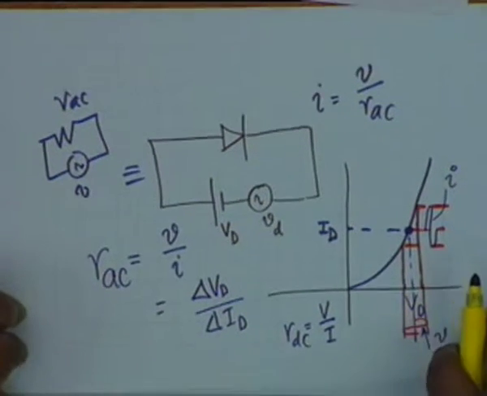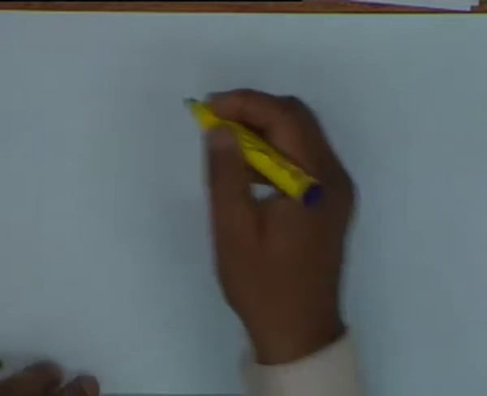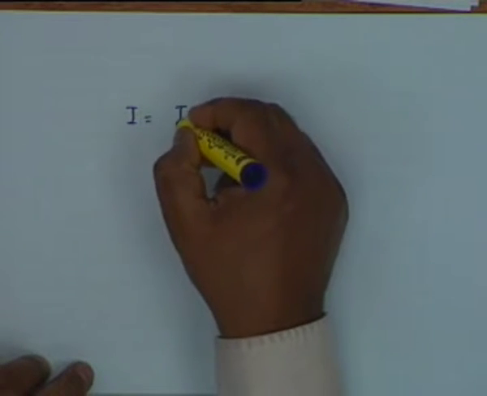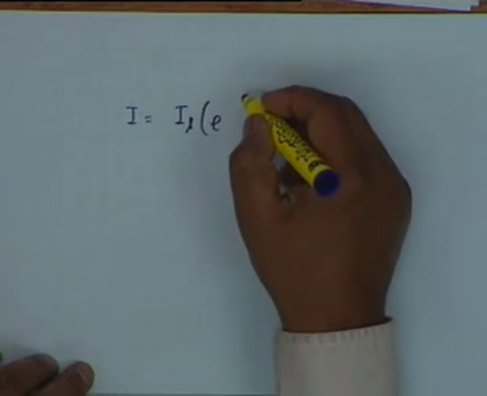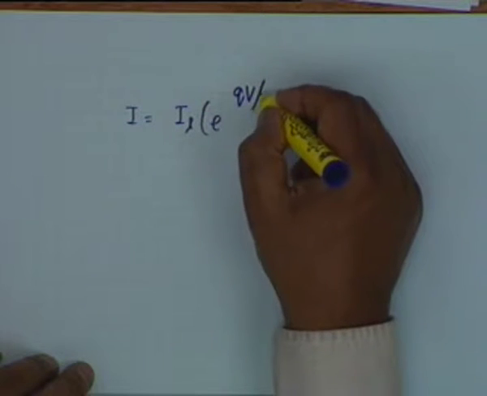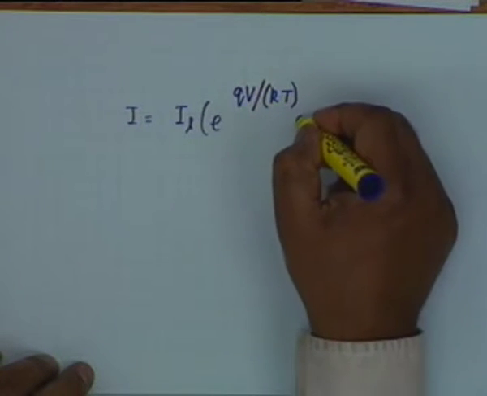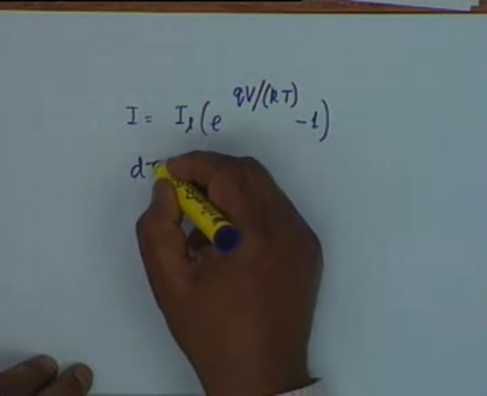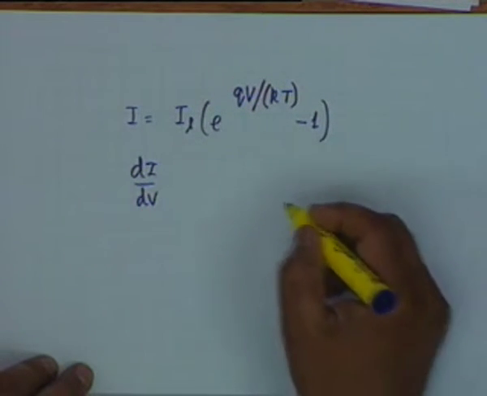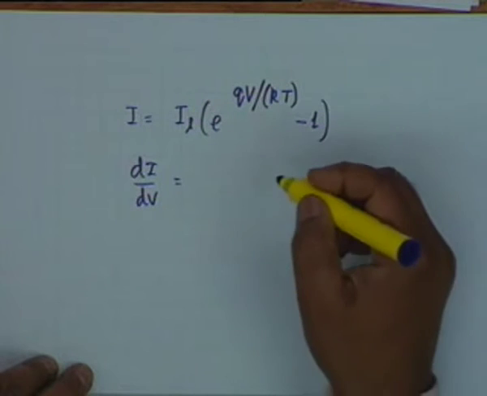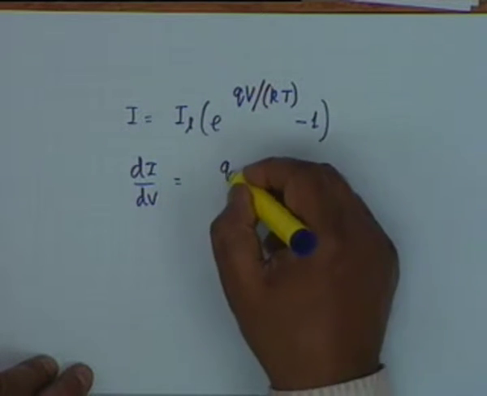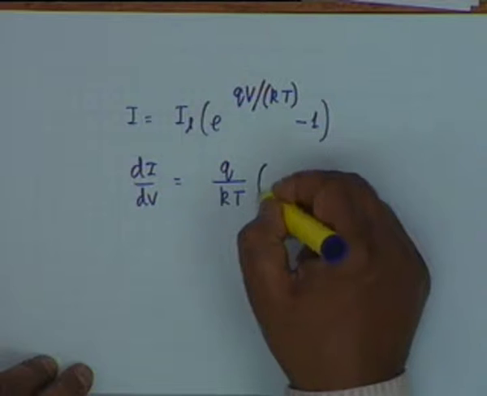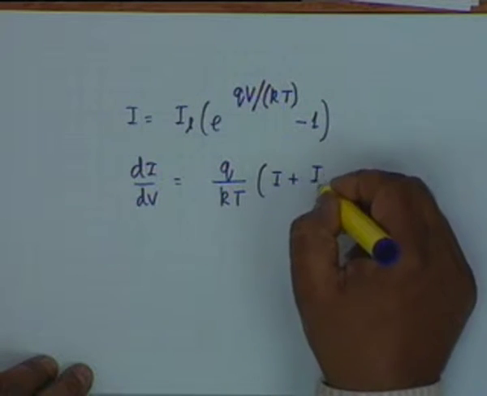For a diode, for example, you know that the current is given by I equals I_s times e to the power qV by kT minus 1, and from this you can find out dI/dV by differentiation, and if you do a bit of algebra then it simply comes out as q by kT times (I plus I_s).